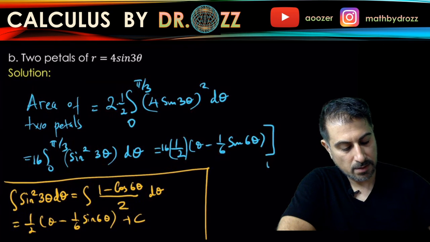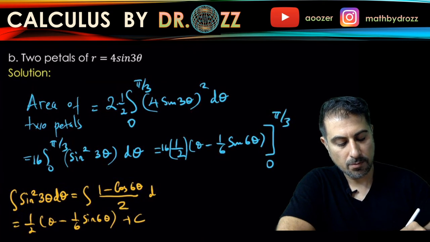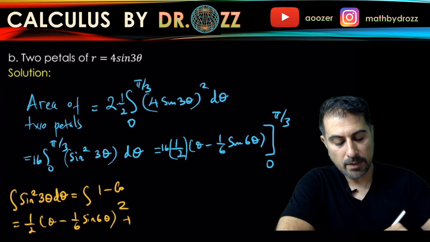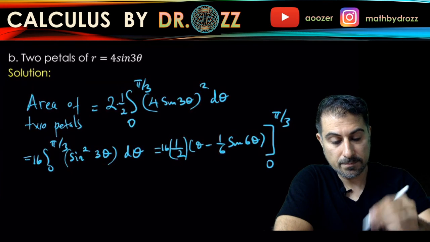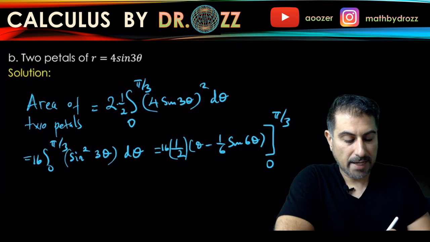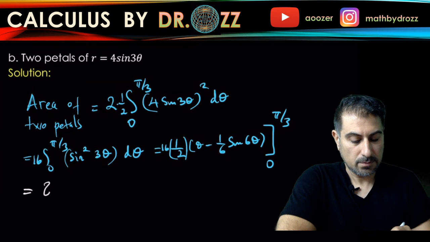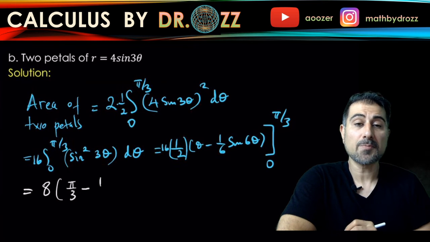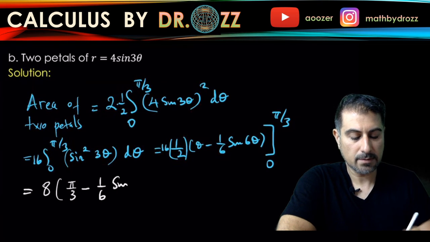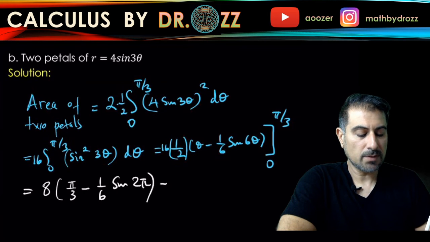While I erase this part, you can work through evaluating the antiderivative at the upper and lower limits. So here we go. This is 8 pi over 3 minus 1/6 sine 6 times pi over 3, that's 2 pi, minus 8 times 0 minus 1/6 sine 0.